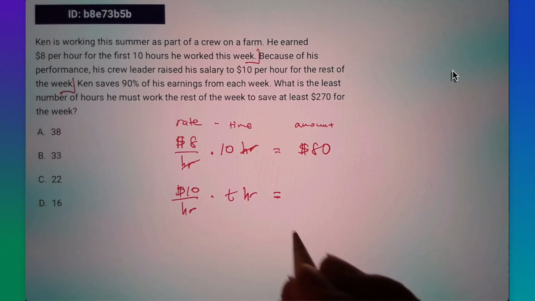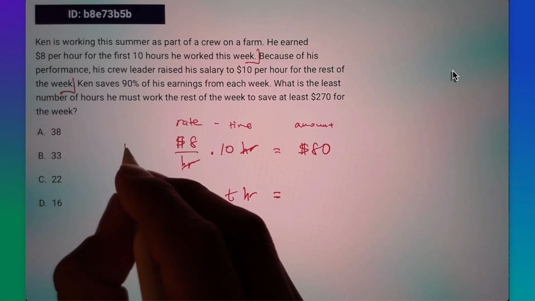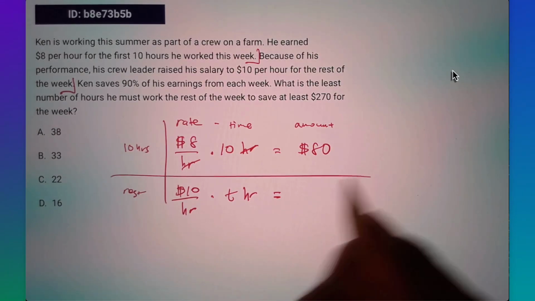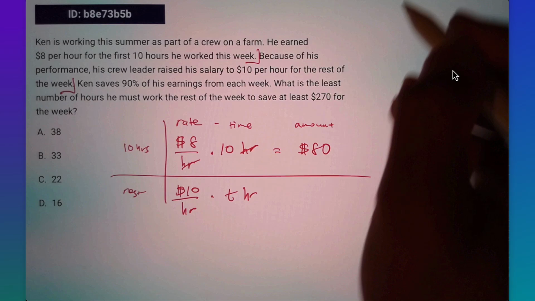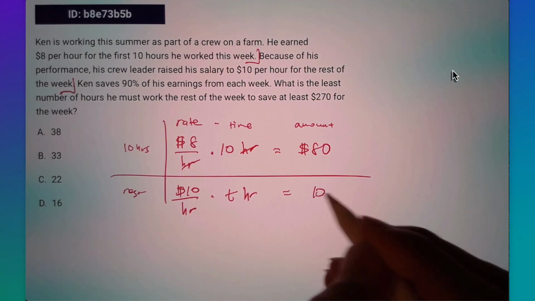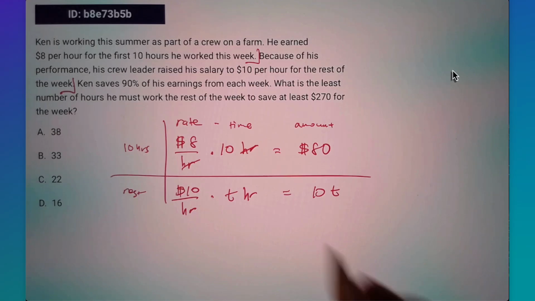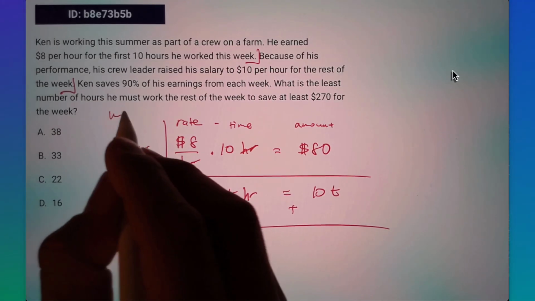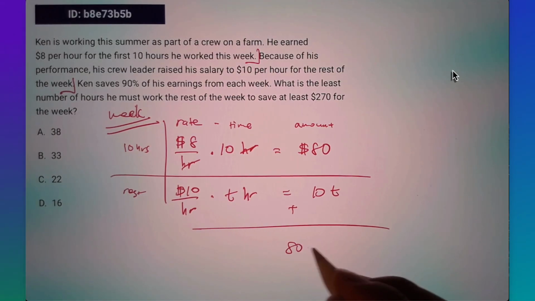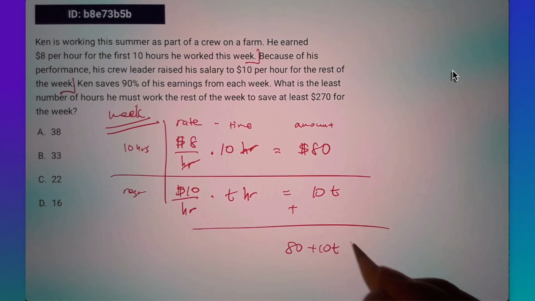So these are the first 10 hours, and this is the rest of the week. Again, we don't know the exact amount, but if you multiply it, you get 10t. So if you add these together for the entire week, 80 plus 10t is greater than or equal to 270.